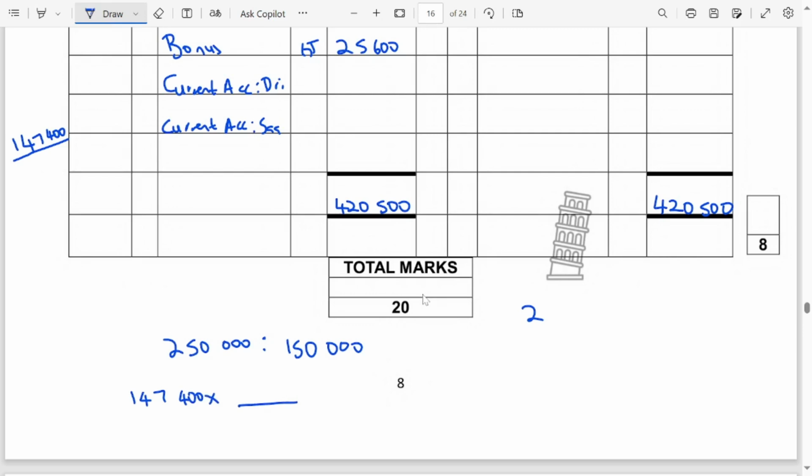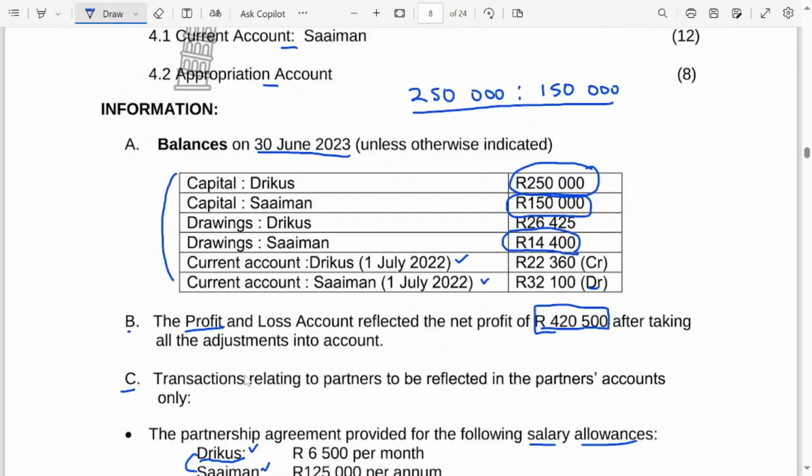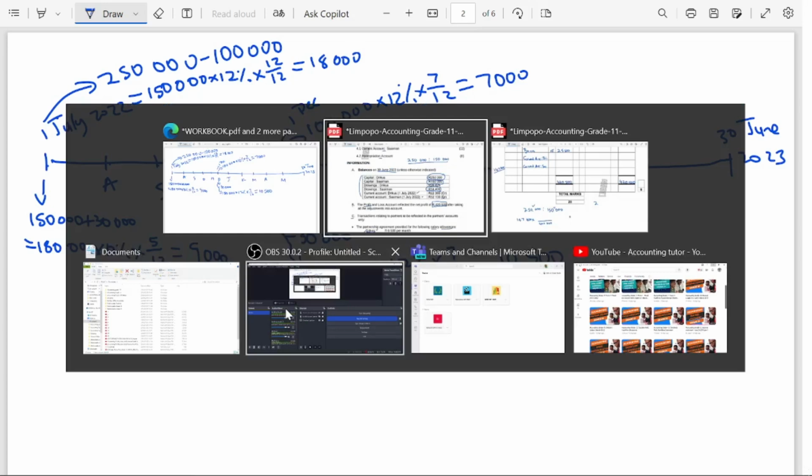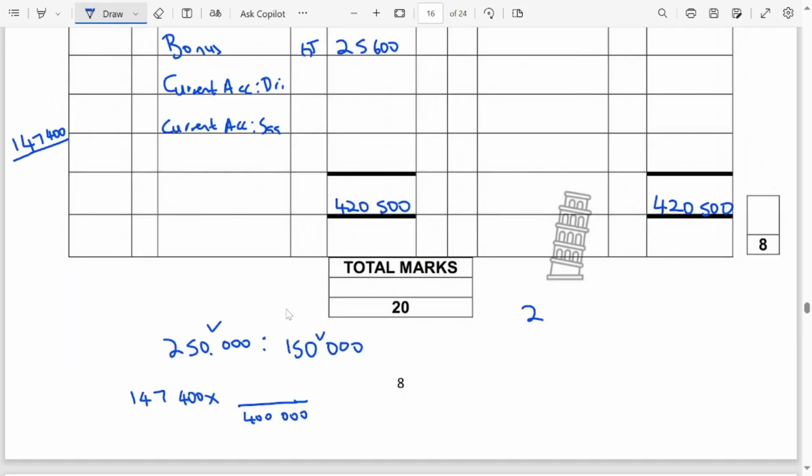So this 147,400 is for all the partners, meaning that it's going to be this and this. So 250 plus 150 is 400,000. Remember that below we put what we have, then above we put what we want. So the 250 is for Dracos, right? So let's find the remaining profit for Dracos.